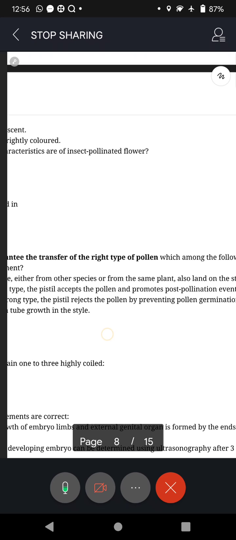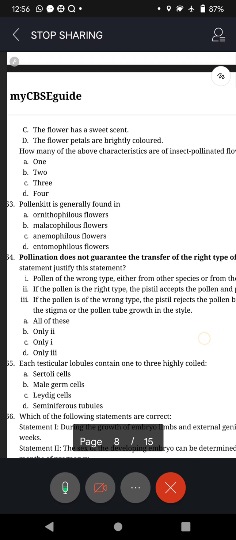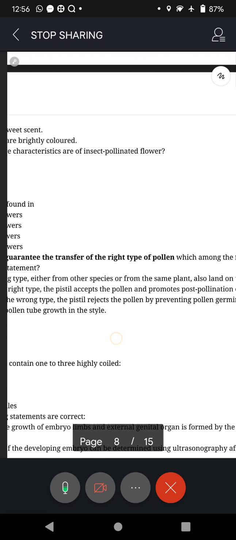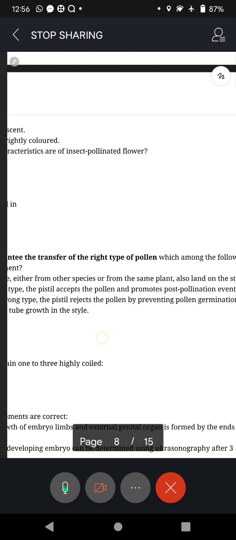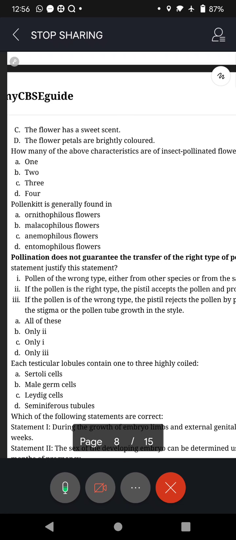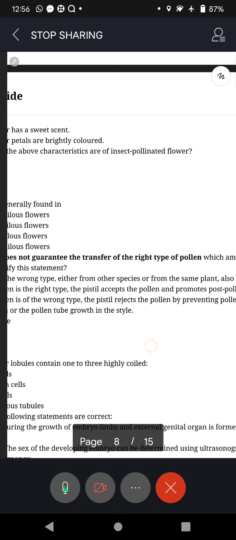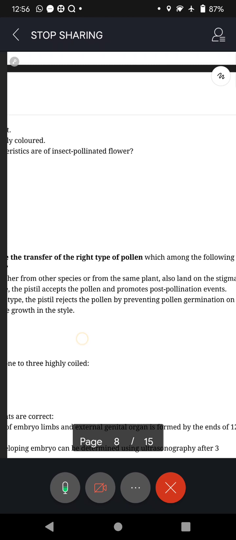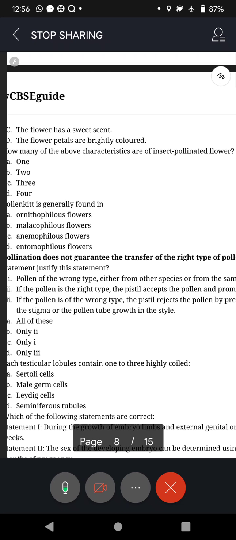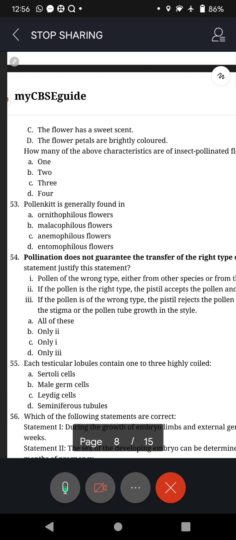Second statement, if the pollen is right type, the pistil accepts the pollen and promotes post-pollination events. Okay, that's also correct. Third, if the pollen is of the wrong type, the pistil rejects the pollen by preventing pollen germination on the stigma. That means incompatibility, or the pollen tube growth in style. So I think the answer should be all the three, correct? Yeah, all of these. The answer should be all of these, because all the three statements are correct.